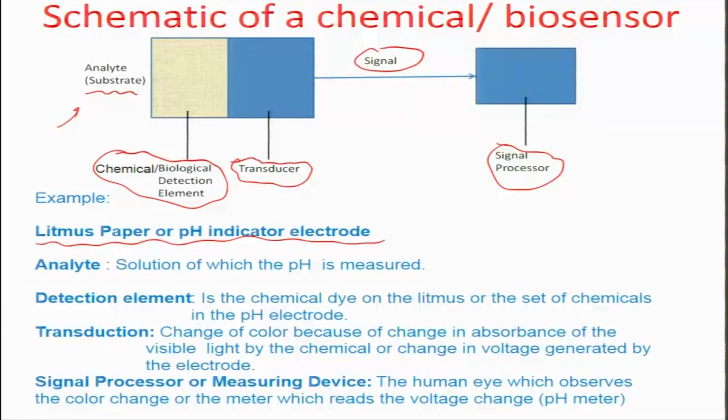For example, there is an analyte. The analyte in this case is a solution of which the pH needs to be measured. So, we are referring to hydrogen ions as the principal analyte in the solution which we are looking for. For this there has to be a detection element. In this particular case it is a chemical dye on the litmus paper which changes color as it touches and mixes with the hydrogen ions.